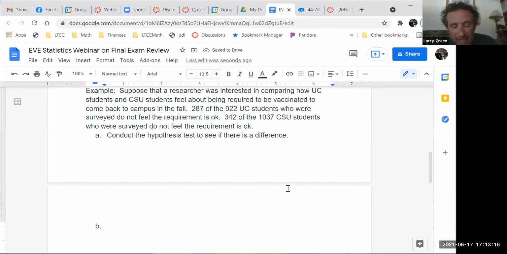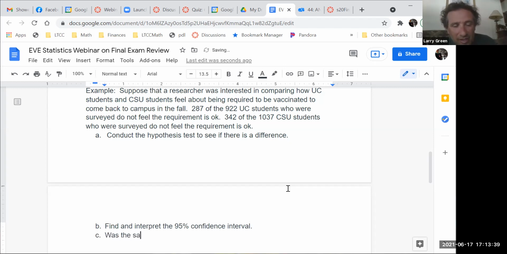And B is find and interpret the 95% confidence interval. And C is what you're asking.